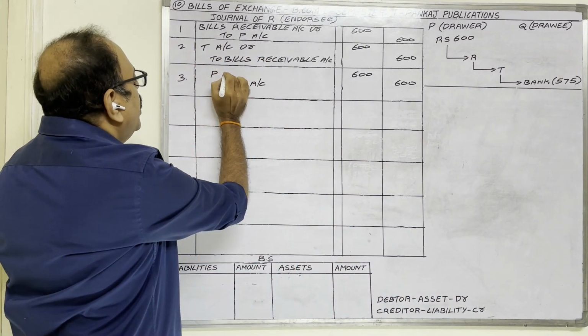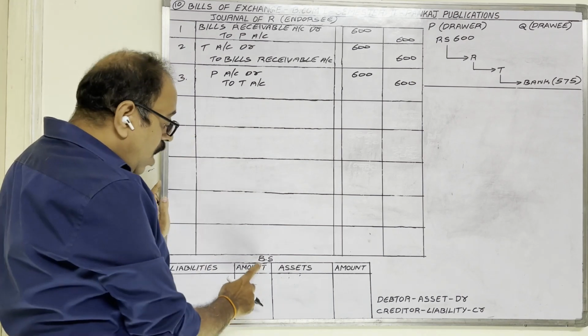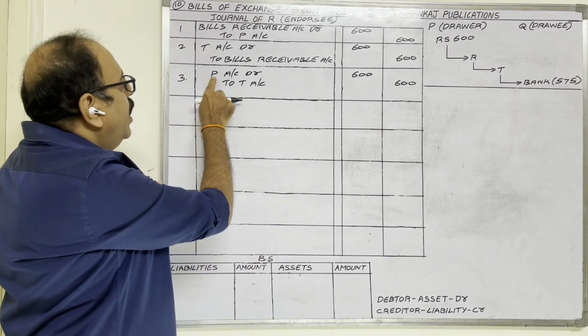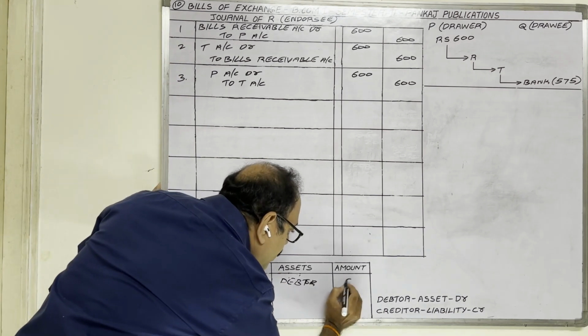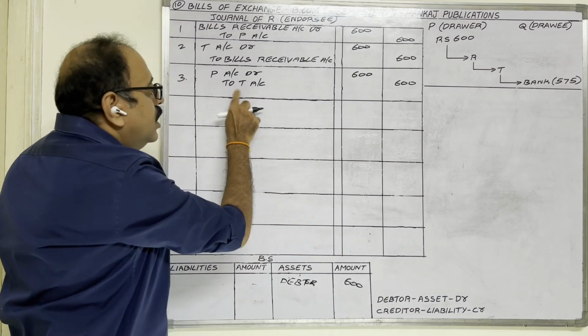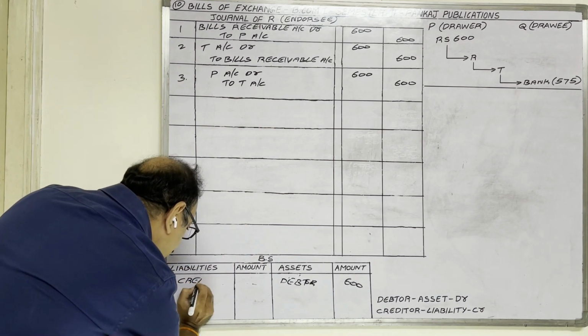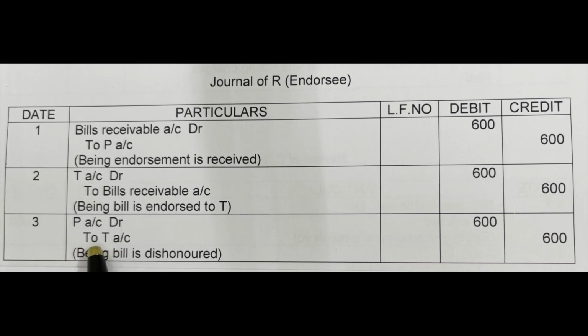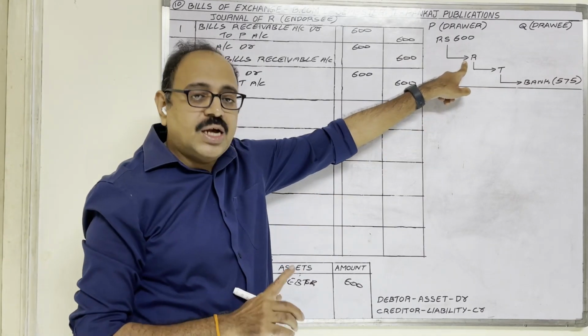P account we have to debit. Amount same. So what is the effect of this entry? In R's balance sheet, again debtor is created with 600 rupees. Creditor is created with 600 rupees. Third entry, P account debtor to T account 600. Being bill is dishonored. With this, journal of R is completed.